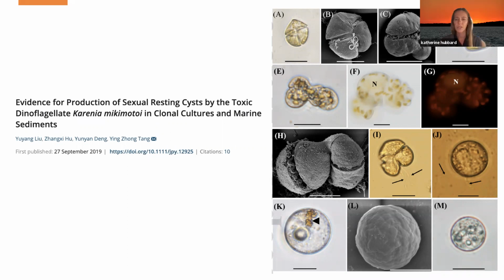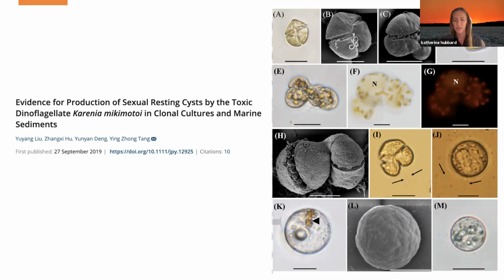And what sometimes we see for Karenia when blooms start to become unhappy, and I kind of showed this a little bit in the last image too, we do see that cells start to look more rounded. And there's been some question as to whether or not they can form some sort of resting or potentially sexual cysts, and whether those cysts could then germinate and potentially go back into a regular vegetative cell.